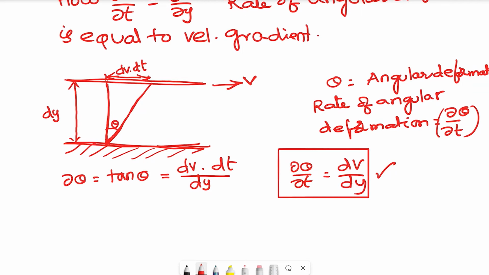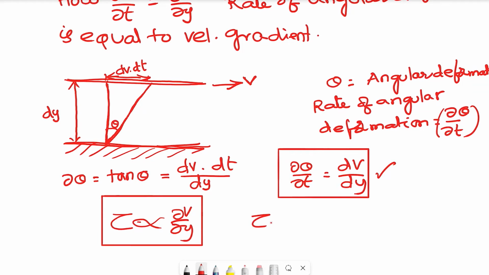But here Newton's law of viscosity is with respect to time, and that is equivalent to the velocity gradient, because it is nothing but the change of velocity with respect to the distance between the plates. How the velocity changes over a change in distance between the plates, that is dou v by dou y. So Newton's law of viscosity states that tau is proportional to dou v by dou y, or dv by dy, and tau is equal to mu into dv by dy.